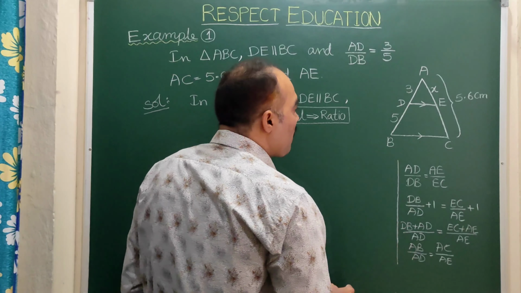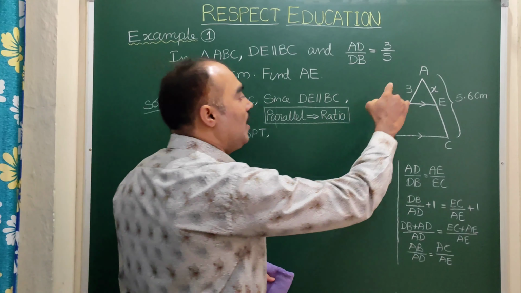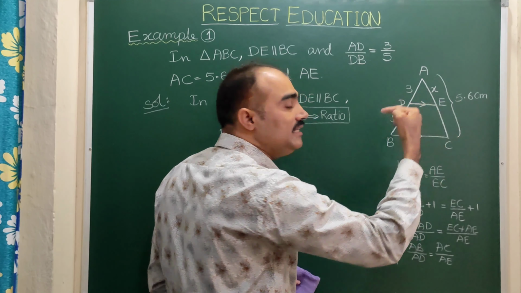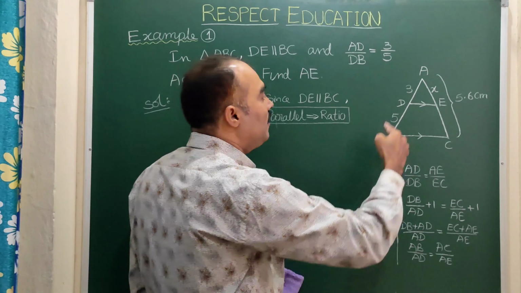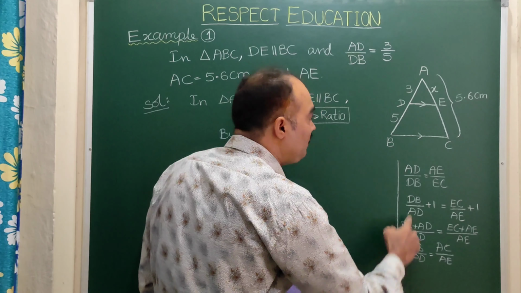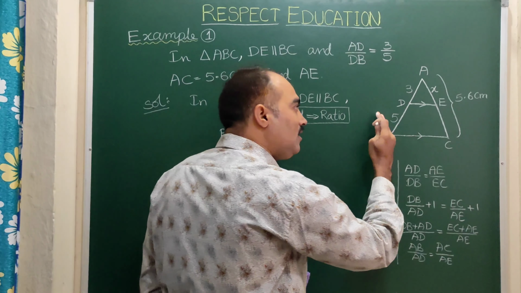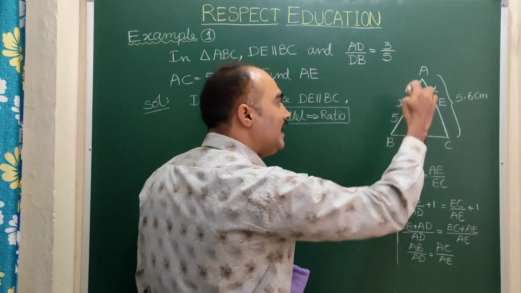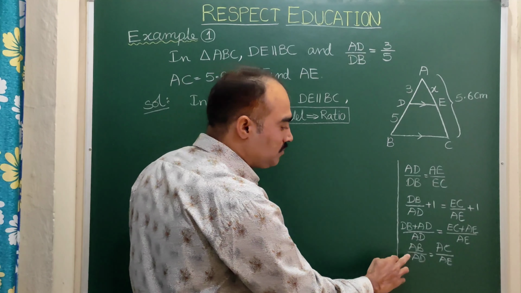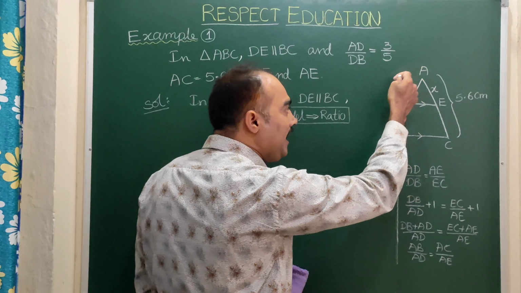So here by using BPT, not only AD by DB equal to AE by EC, but also we can take the corresponding sides. Means here you observe AB by AD. Right side also we should take the same, AC by AE. Or even we can take AD by AB.